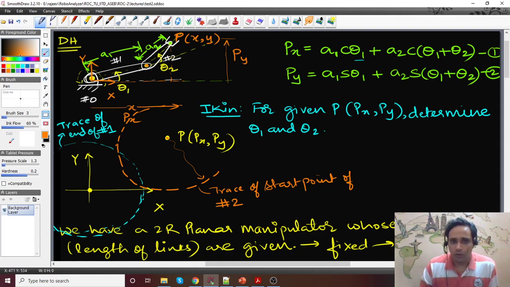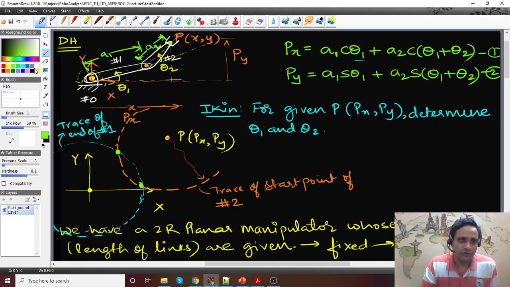Okay, now obviously for the mechanism or for the robot to exist, these points should coincide. So where do they coincide? There is a possibility at this location that it can coincide, or there is a possibility at this location that it can coincide.